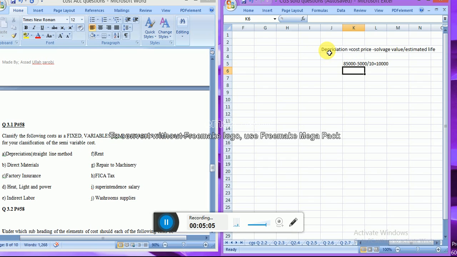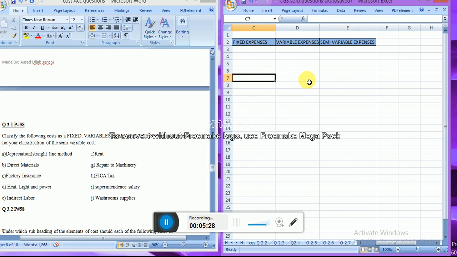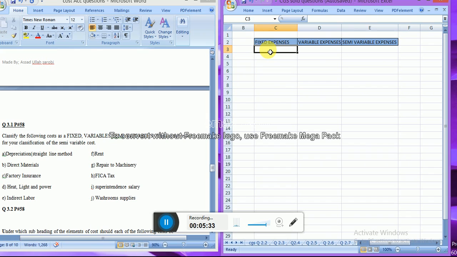In the first year, similarly in the second year 10,000, in the third year also 10,000, fourth year also 10,000, and at the end it becomes 0. So a fixed amount is decreasing. That's why our part A is a fixed cost.